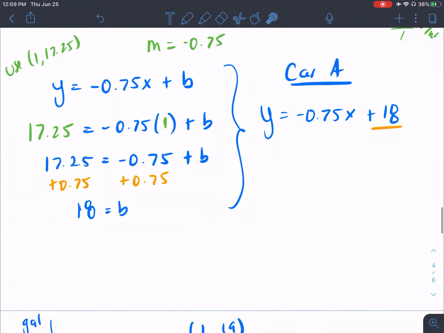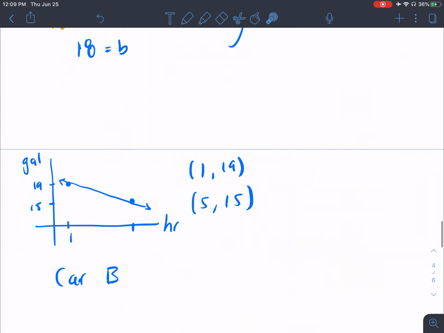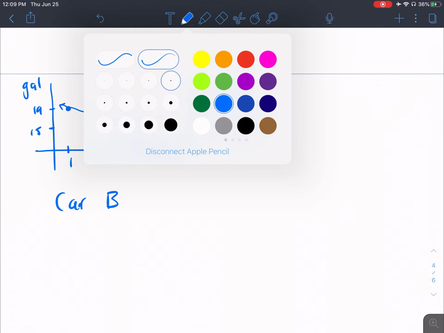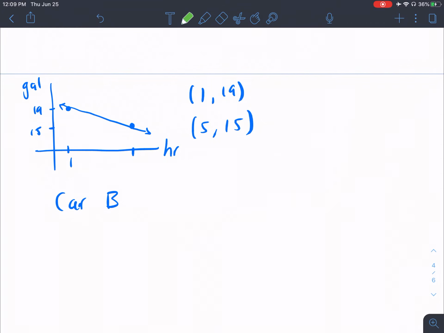And as I did before, we're going to use our slope formula to find the slope of this line modeling this particular scenario. So m equals y2 minus y1 over x2 minus x1. This is going to be our x1 and y1, and this will be our x2 and y2. Let's subtract them: 15 minus 19 over 5 minus 1.